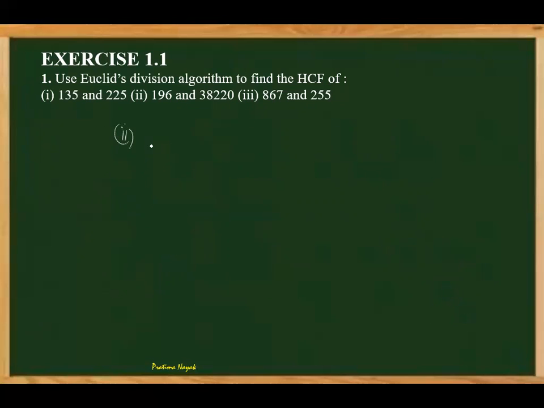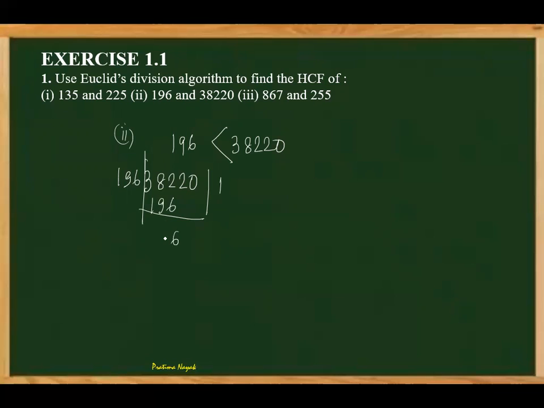Now coming to the second part. The second part is 196 and 38220. 38220 is the bigger one. So I'll divide 38220 by 196. Go on dividing by 196. Subtract. You will get 6. Then I'll go for 9. Here I'll get 9, 6 times 9 is 54 carry 1, and so on.